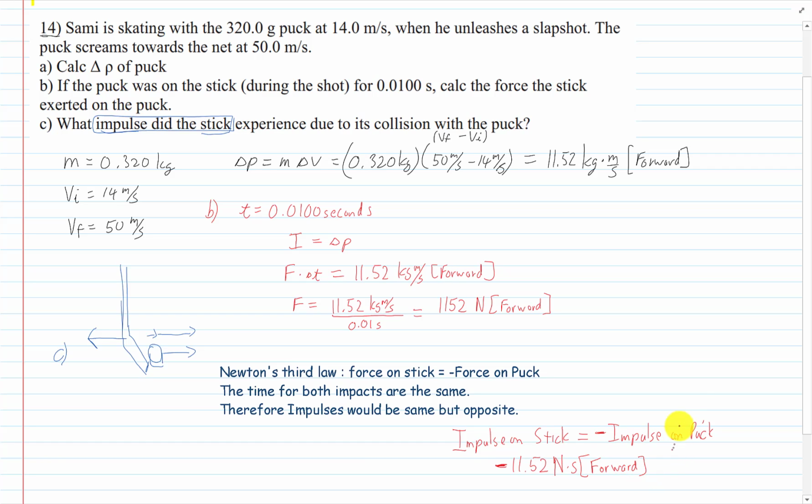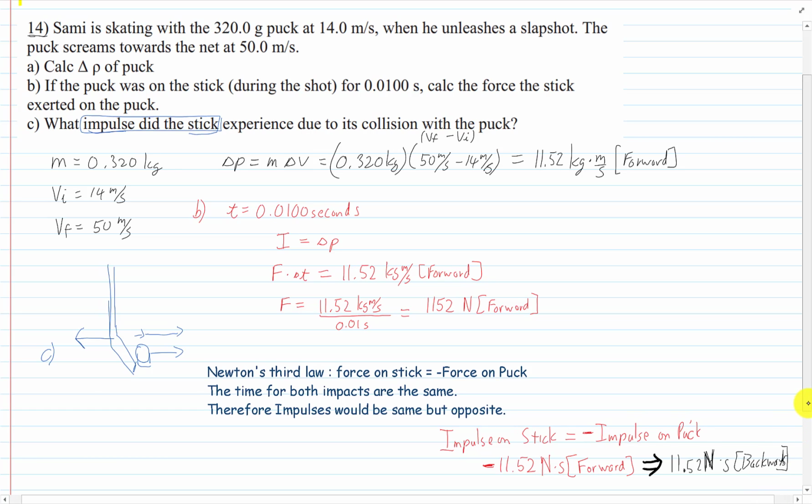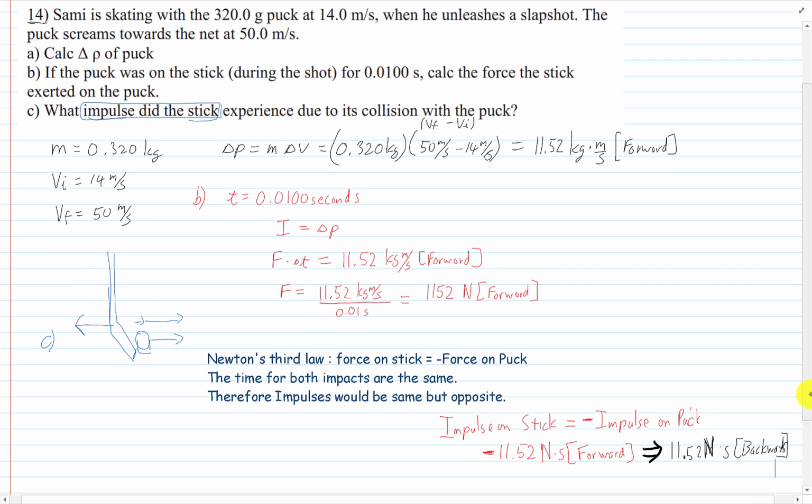But negative forward just would mean 11.52 newton seconds backwards. I'm trying to explain it all with Newton's laws, but that's not what we have to do in this chapter. But I'm doing it. There's our answer.